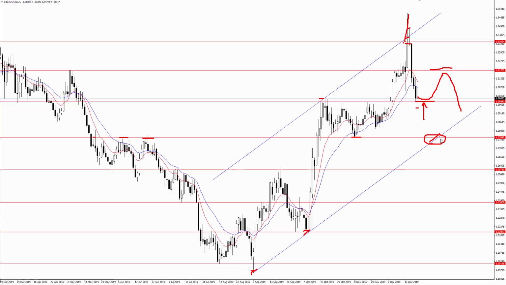But I would keep a close eye on this 127.70 because, just like the Euro USD, I do think the bigger opportunity here could come on a close below this channel support. If we see the pound continue to weaken and move lower down here into this confluence of support and break below it, that could open up levels such as 125.70 and perhaps even 123.80.